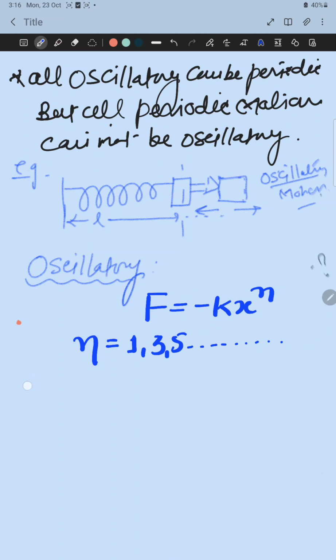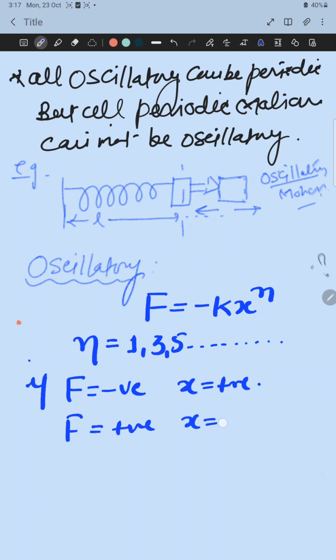So F will take a negative value when x is positive. When x is positive, F takes a negative value, and F is positive if x takes a negative value.